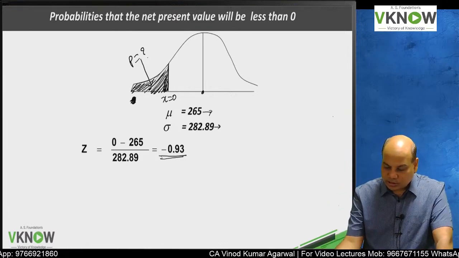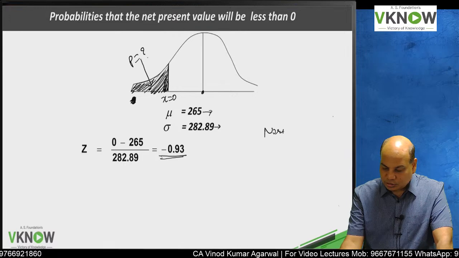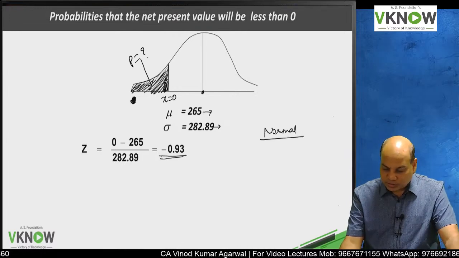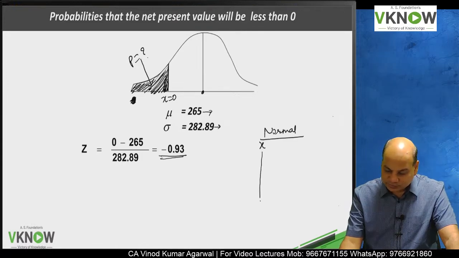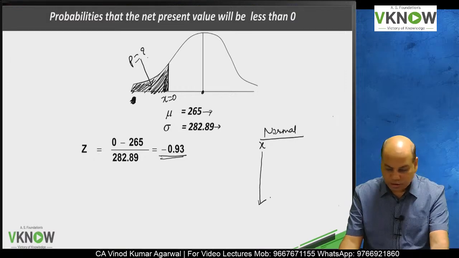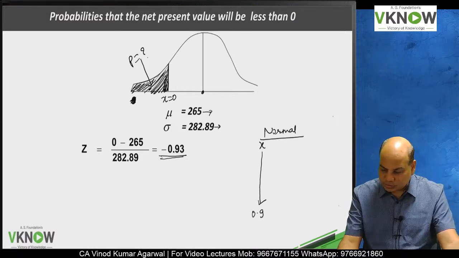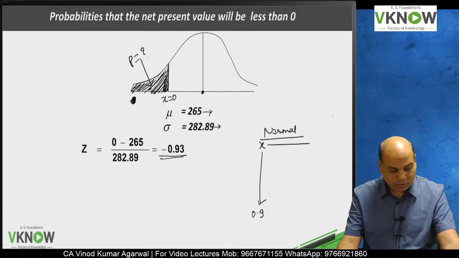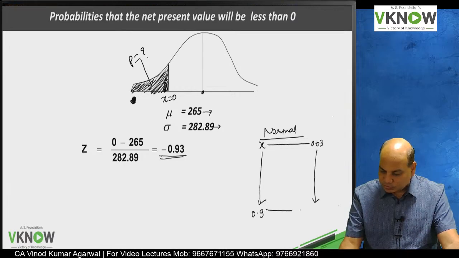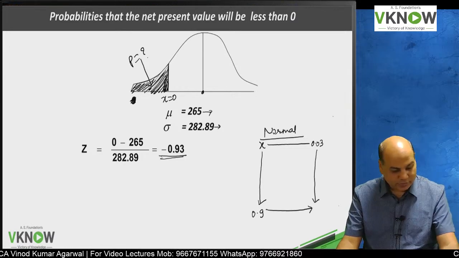Let us go to the normal table. In your book, towards the end, in the normal table, first this column X is there. Come to 0.9 and then come to 0.03 here. Find the value for 0.93.